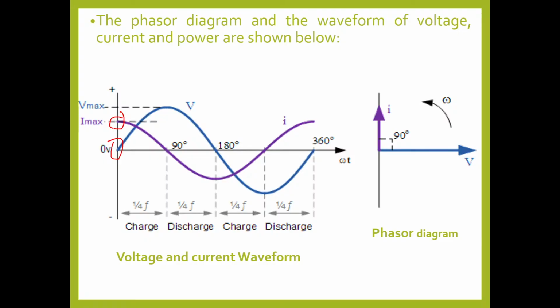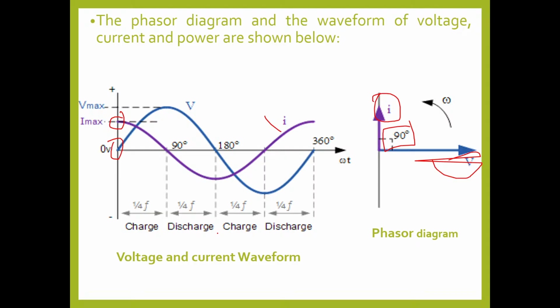Just consider the initial condition. Current is leading voltage by an angle of 90 degrees here. So for a purely capacitive circuit, current leads voltage by an angle of 90 degrees. So if you draw the phasor diagram, you can see here, this is voltage and this is current. Current is leading voltage by an angle of 90 degrees.